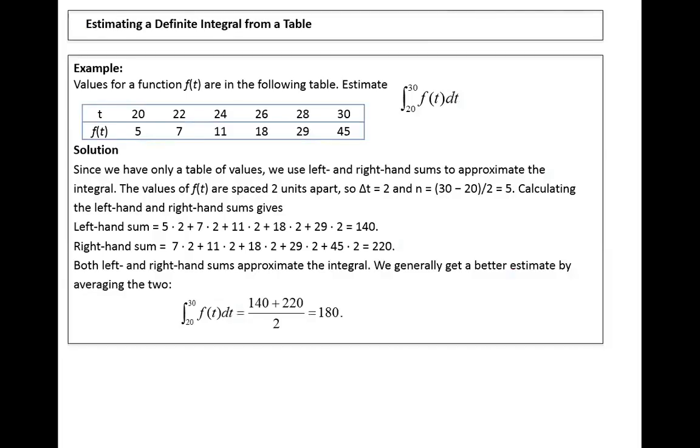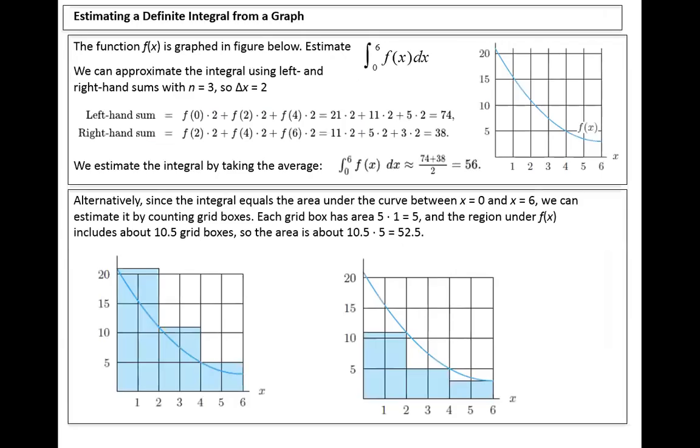And this is just an example. That's another one. We did this. The only thing is I'm using the new notation. Now I will not say, estimate the total distance if this is velocity, or estimate the area under the curve. I will say, estimate this, an integral from 0 to 6 of f of x dx.